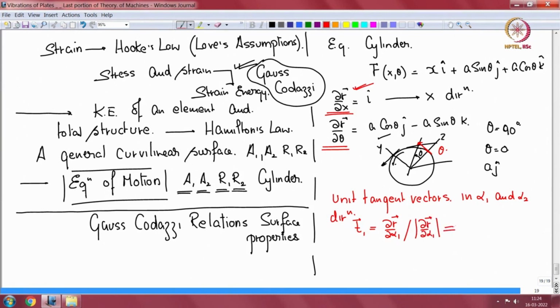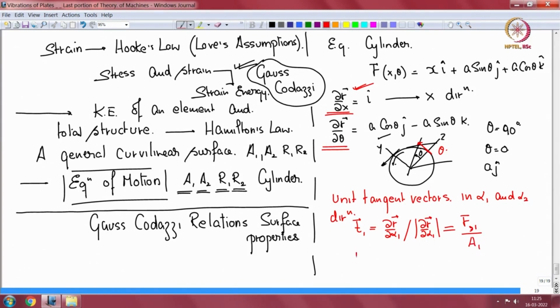So we will use a notation, this is R comma 1, where comma 1 denotes derivative with respect to the alpha 1 coordinate, and the magnitude of this is A1, that we should know by now. Okay.